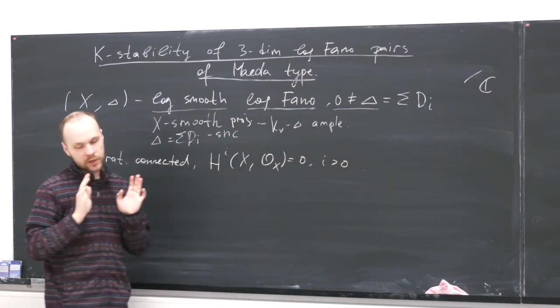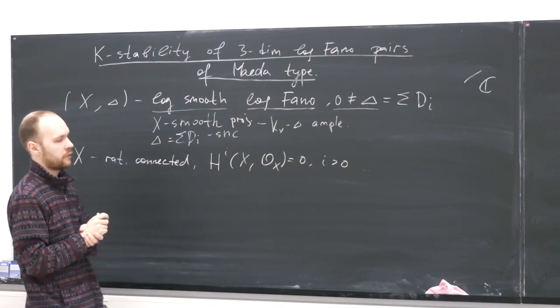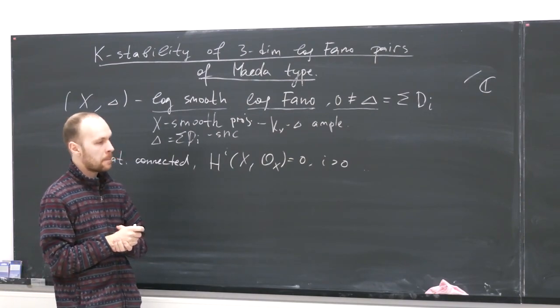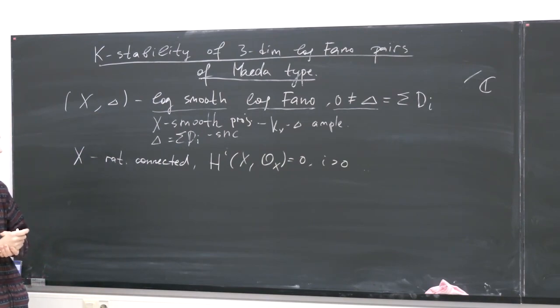And so they share many properties similar to the properties of Fano varieties. So the Mori cone is polyhedral, and they behave well with respect to the Mori theory.